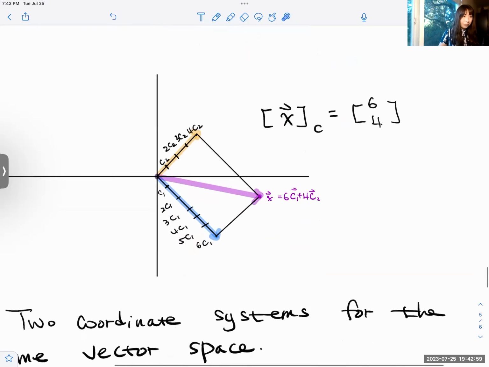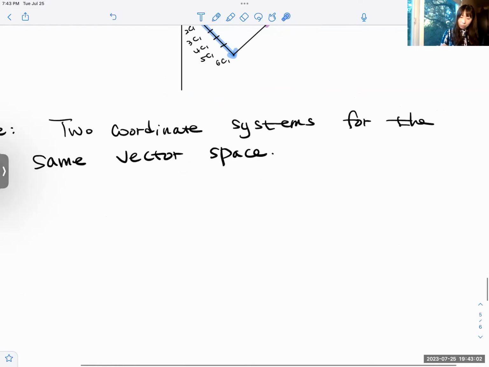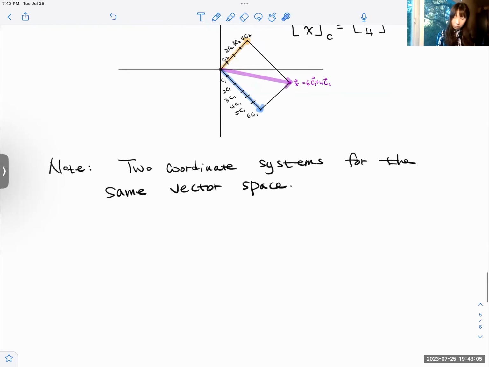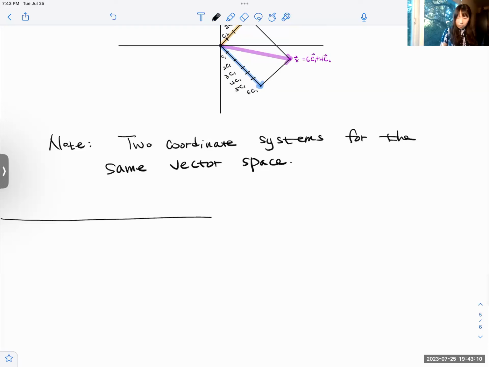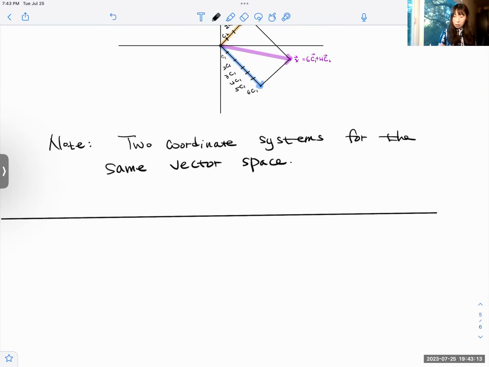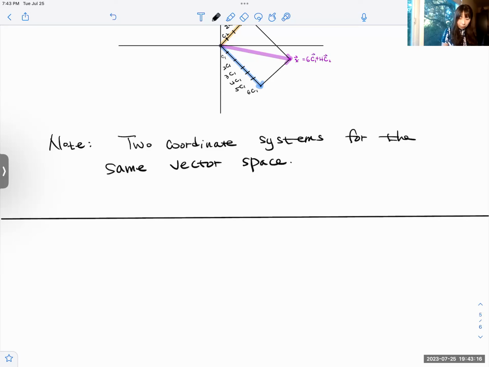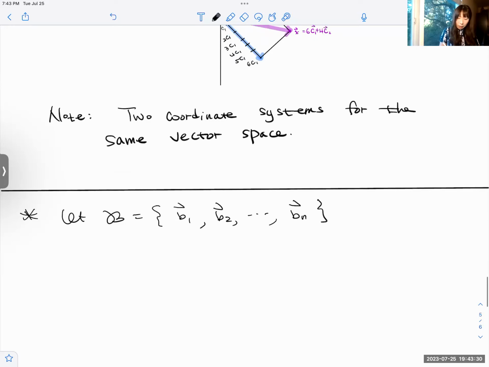Theorem 15. Let basis B be b sub 1, b sub 2, up to b sub n, and basis C, a little bit fancy one, like a curly one.